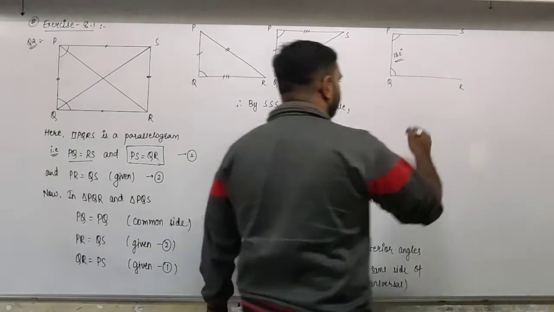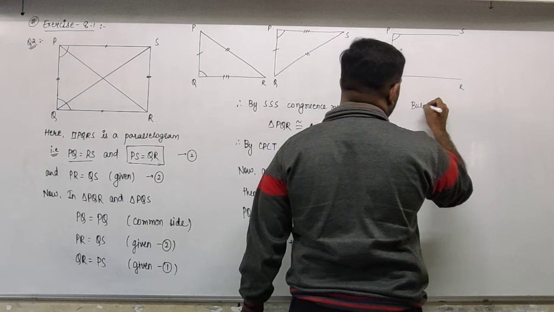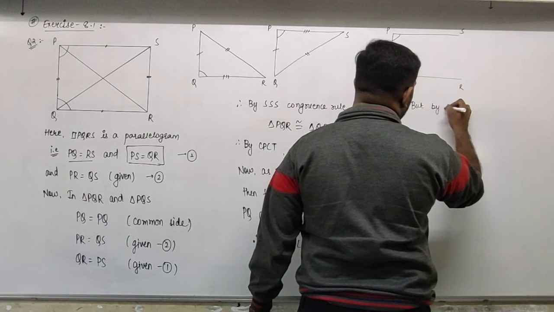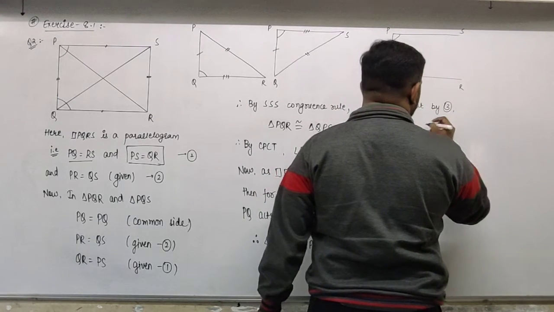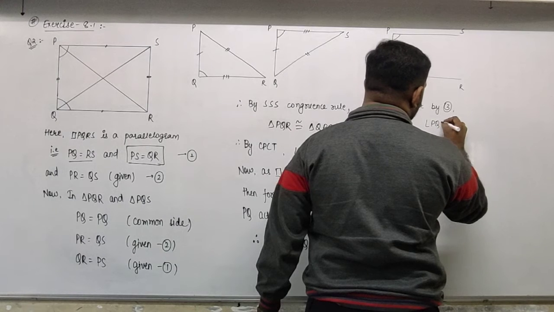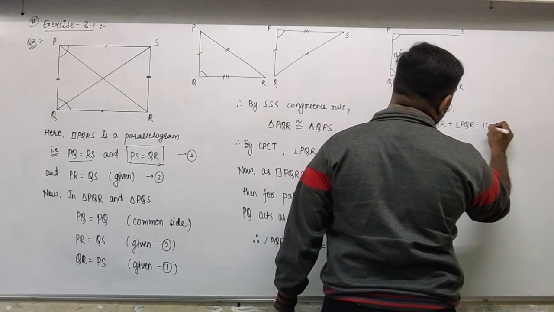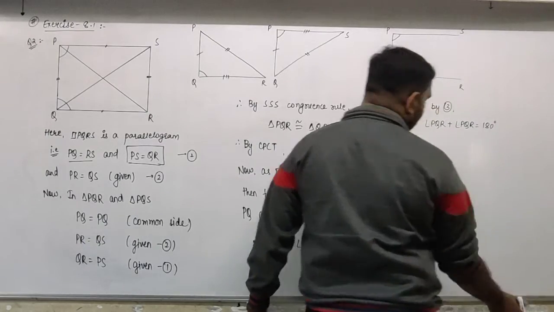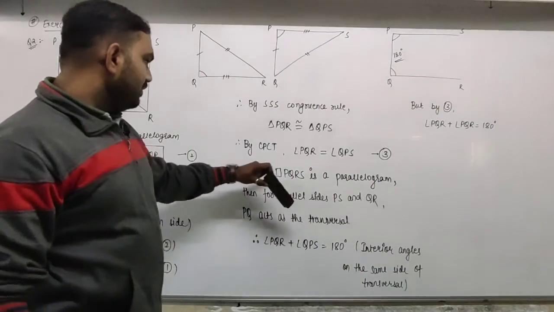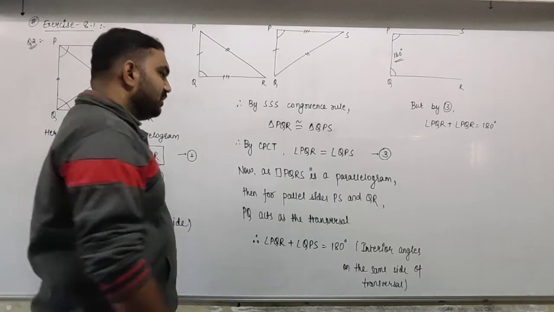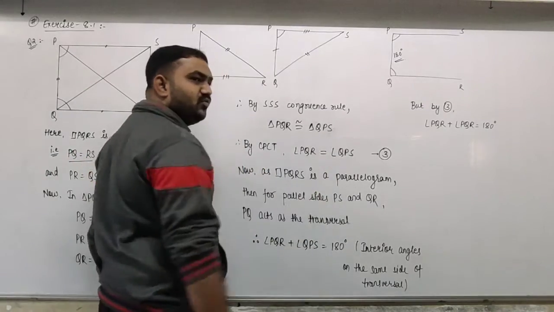But by result 3 we can say that angle PQR plus angle PQR is equals to 180 degree because PQR and QPS are equal. So in place of QPS, put PQR again.